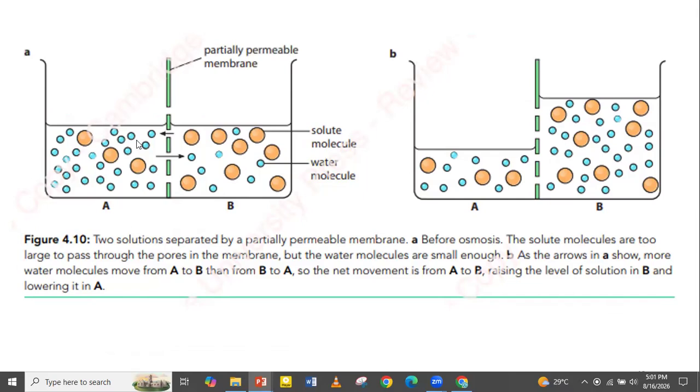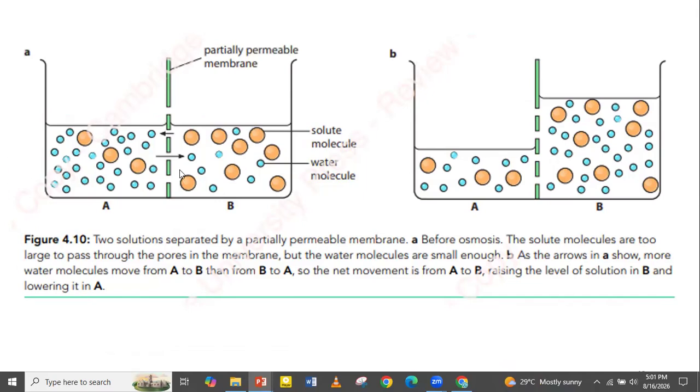Obviously, when you look at this diagram, you can see region A has a higher water potential because it has more water molecules. Region B has a lower water potential, fewer water molecules, and more solute. Solute molecules cannot cross. Why? Because they are large. But the water molecules are small enough that they can pass through the partially permeable membrane. Remember, a partially permeable membrane allows some molecules to pass through, but others not to pass through.